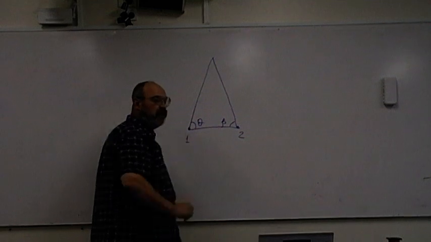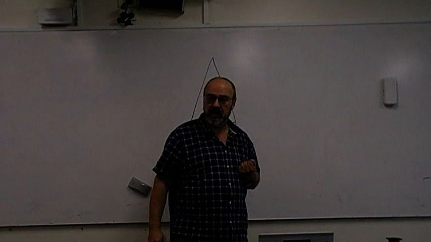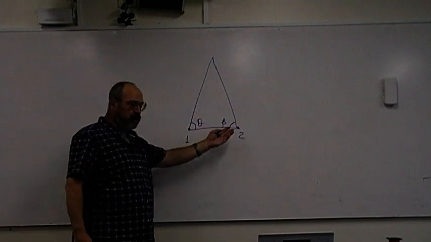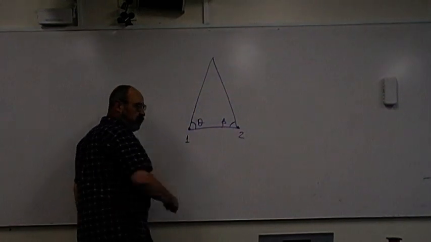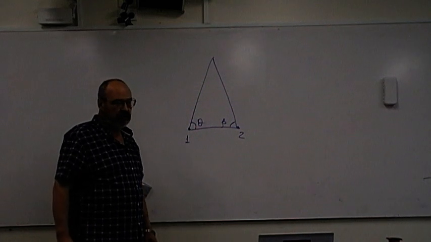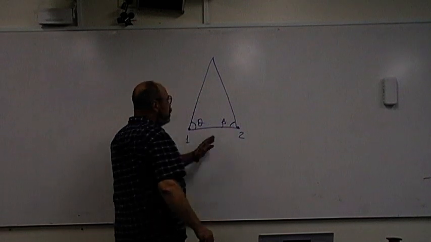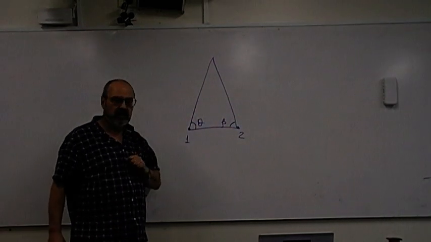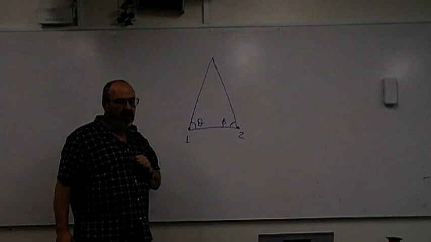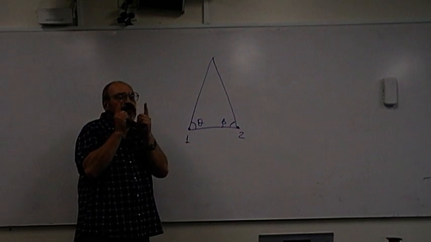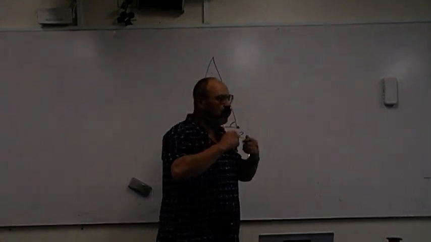And we can measure our baseline. We can easily measure distance between our eyes. Measuring those two angles and this distance, then using trigonometry, we can find the distance to the object. But the distance between our eyes is pretty small, so we cannot measure too far.